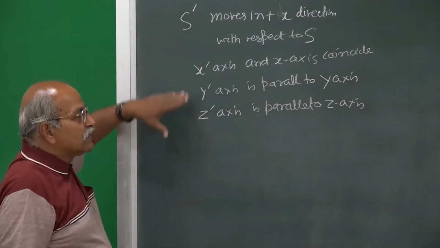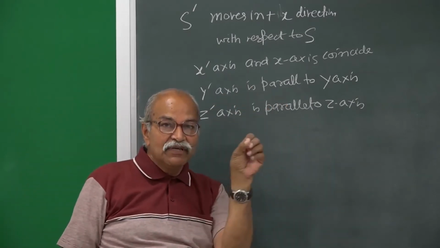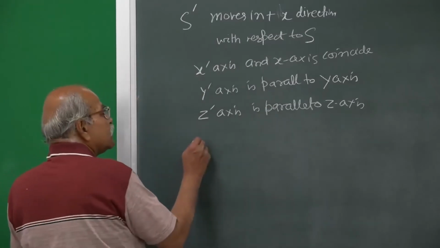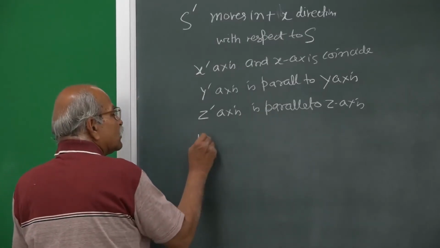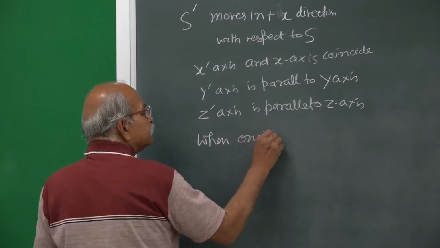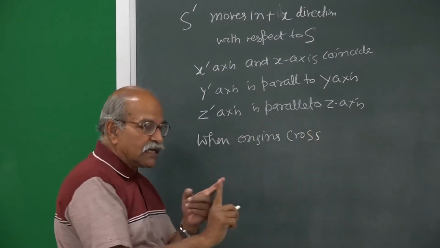And on top of all these things, we also have that time t equal to 0 and t prime equal to 0, which we very specifically defined: when the origins cross this event, the two origins are at the same place.